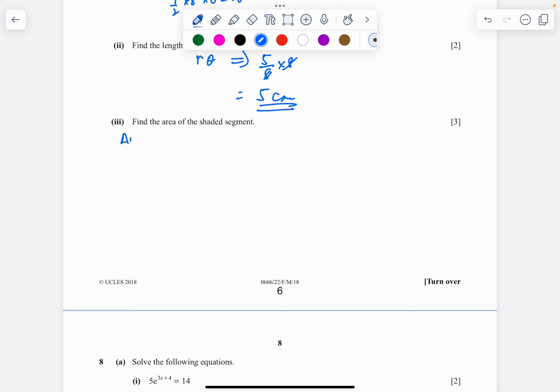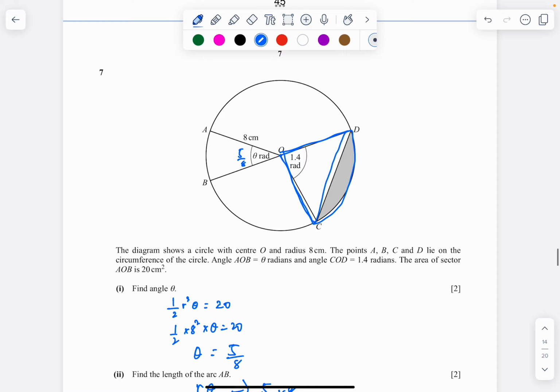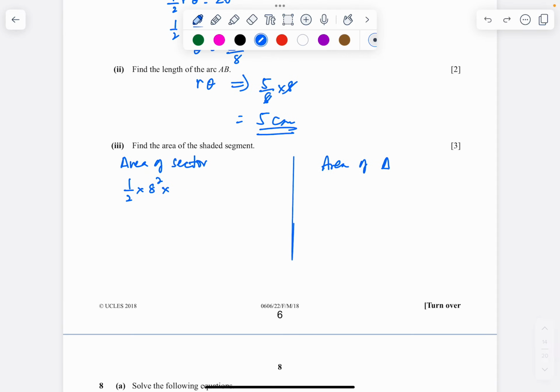So first the area of the sector, half r squared, which is 8 squared, times 1.4. So this gives me 44.8.